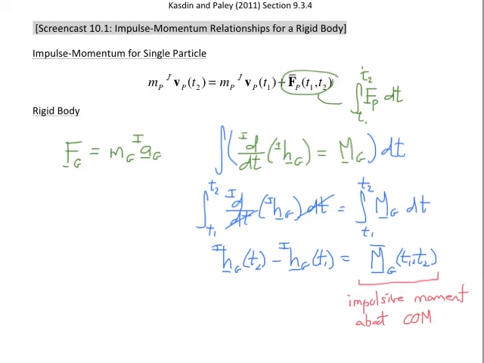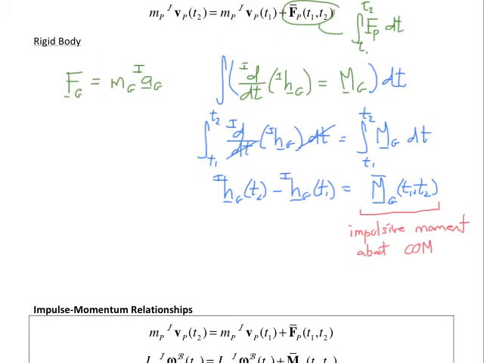And because we're in planar motion, and we express our angular momentum by our angular velocity, the angular momentum about the center of mass is equal to the moment of inertia about the center of mass times omega b as observed in I. That's if we fix a body frame b to the rigid body and we're in planar motion, then it ends up being the angular velocity observed in the inertial reference frame.